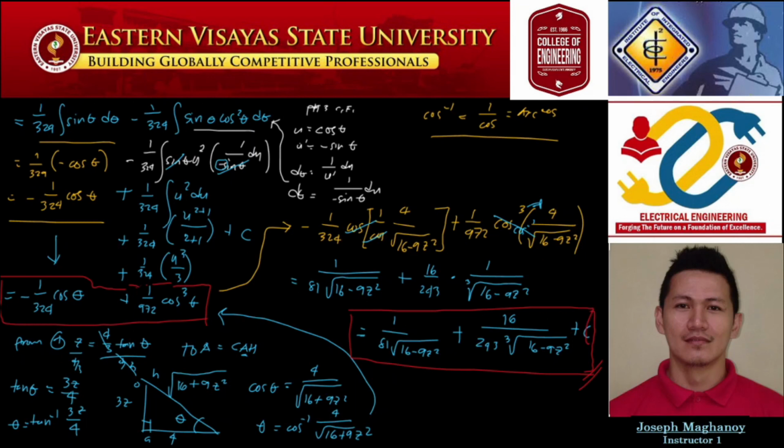For the correction for our final answer for example number 27, I've noticed something. Our final answer is supposed to be positive, so 16 plus 9z squared. So we substitute the value of your theta. So this should be cosine positive, square root of 16 plus 9z.